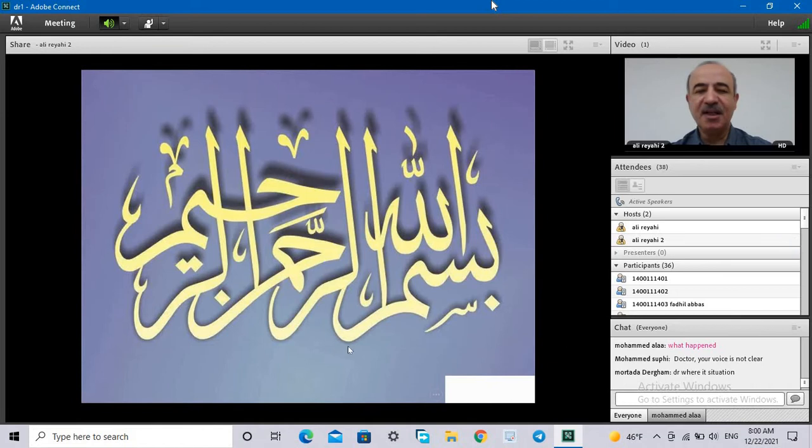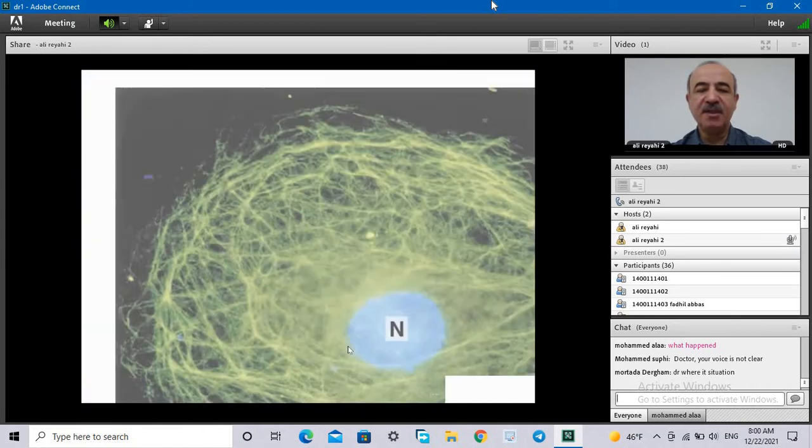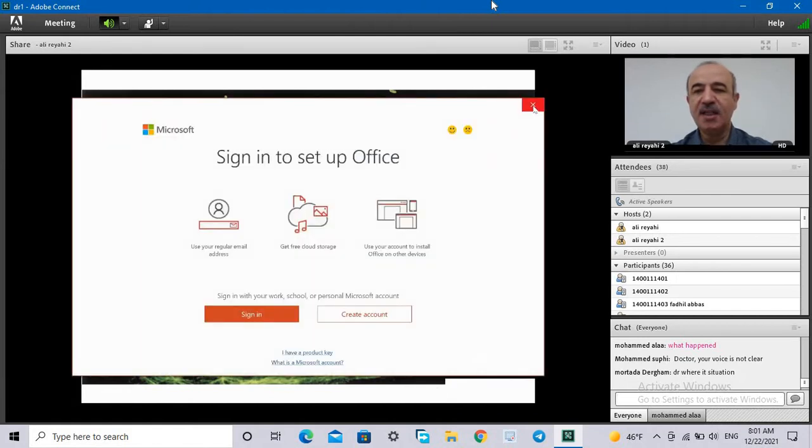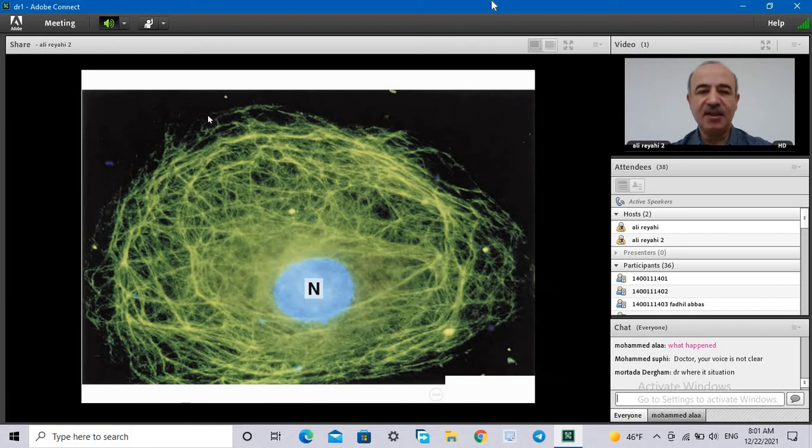The other structure in the cytoplasm is the cytoskeleton. Look at this picture. This picture shows the cytoskeleton, and we use an antibody against the proteins of the cytoskeleton.